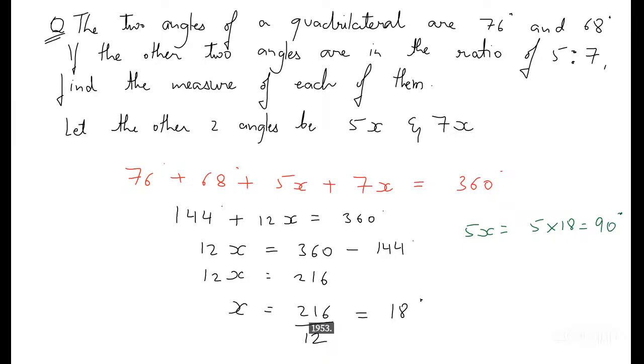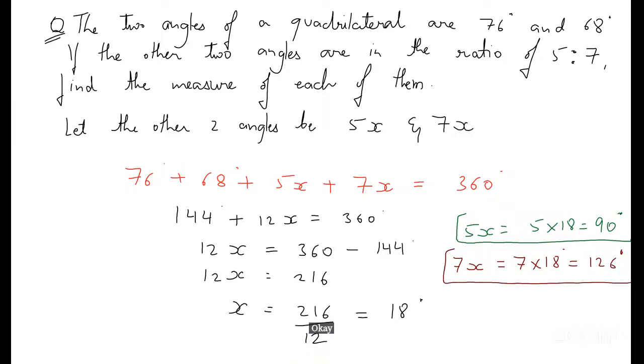Then the second one is 7x. 7x equals 7 into 18, which becomes 126 degrees. So our first angle 5x is 90 degrees and the other one, 7x, is 126 degrees.